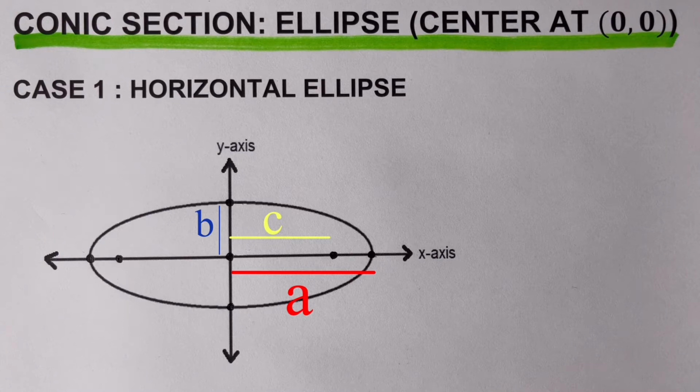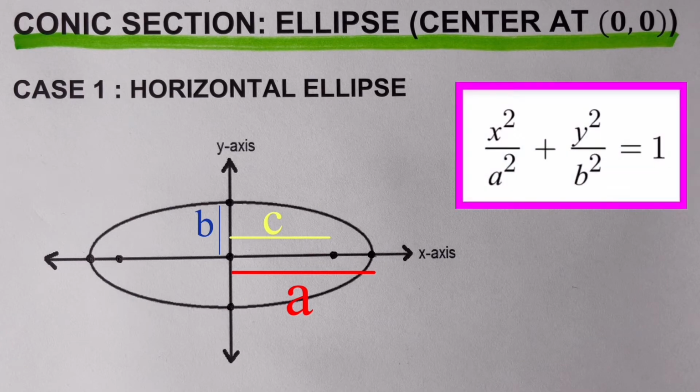Now, using these lengths a and b, we can come up with the equation of a horizontal ellipse, and that is x squared over a squared plus y squared over b squared equals 1.